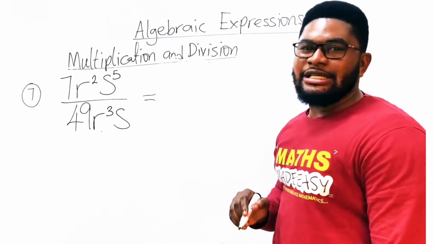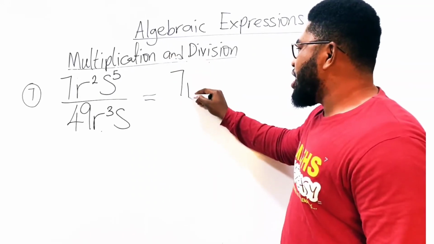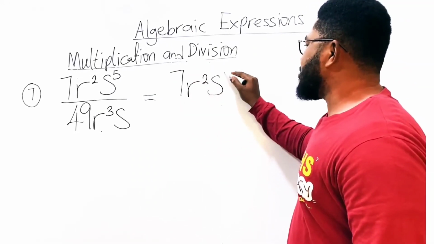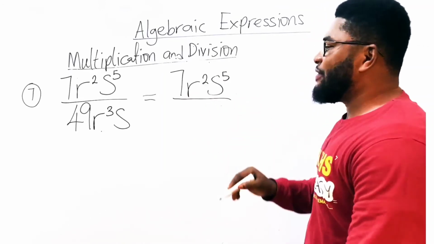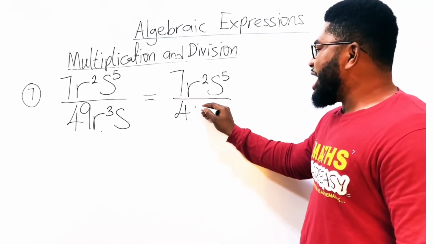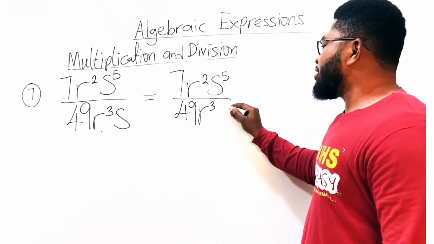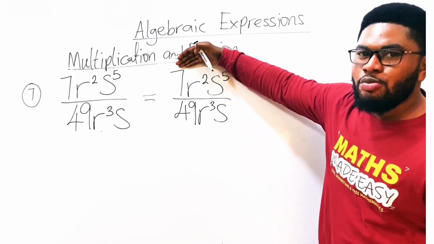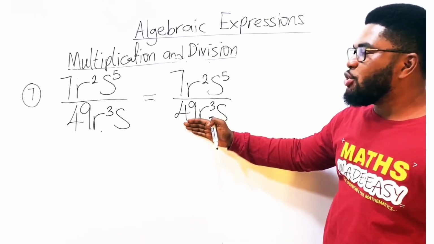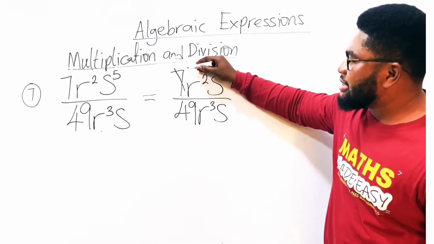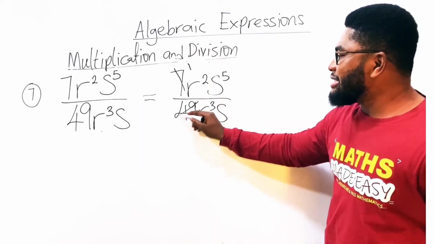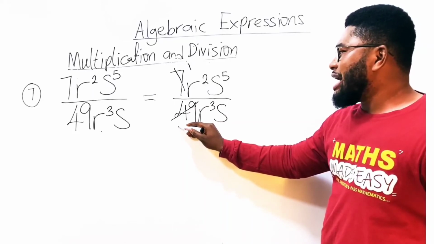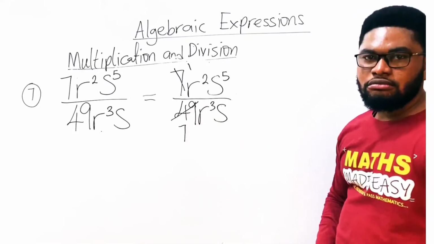So we rewrite the question as 7r raised to the power 2 s raised to the power 5, all divided by 49 r raised to the power 3 s. Checking the coefficients, I have 7 at the numerator and 49 at the denominator. So 7 being the least goes into itself 1 and cancels 49 at 7.